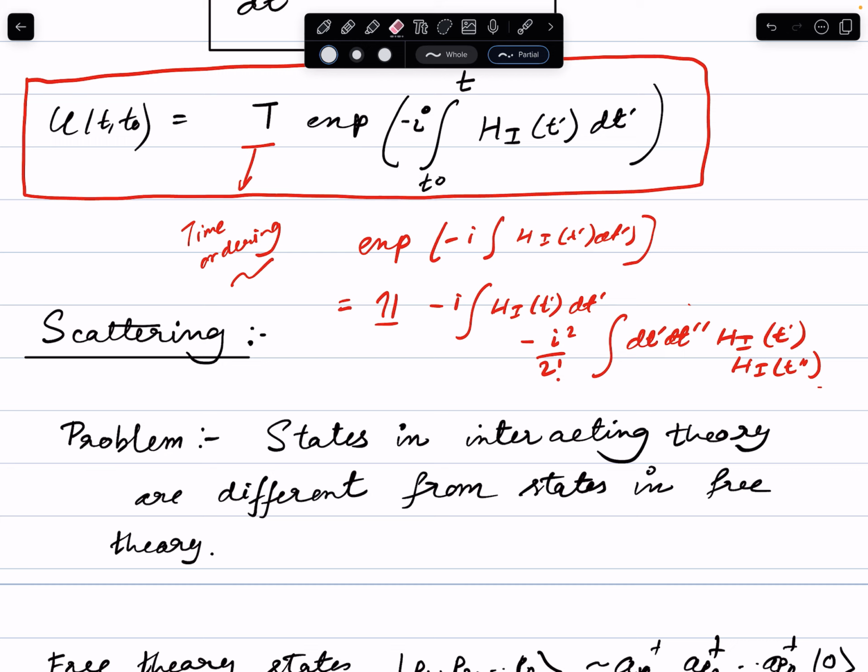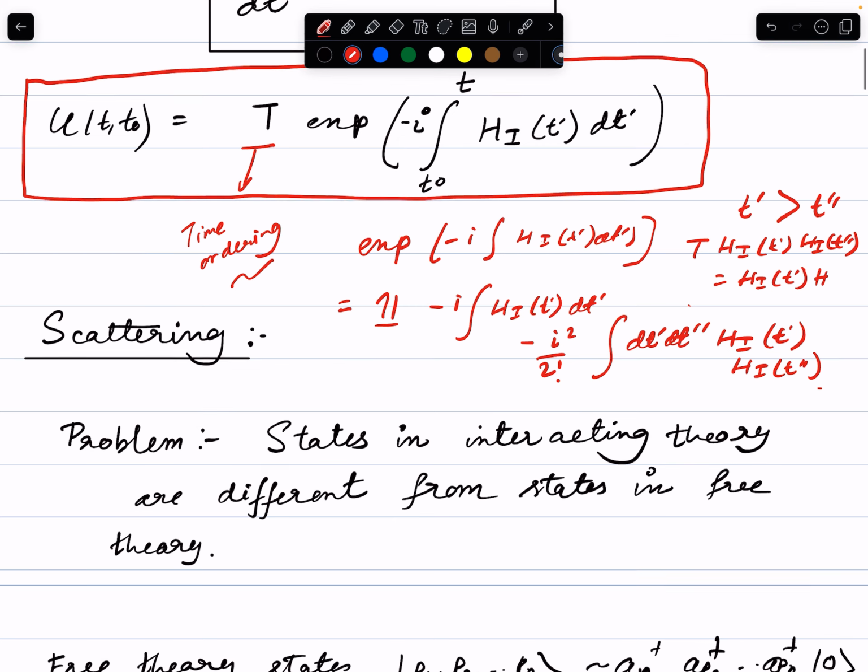Time ordering ensures that there is a correct ordering in which to place these operators. If I have t prime greater than t double prime, then time ordering of these two operators is that I simply place the one that is at a greater time to the left.